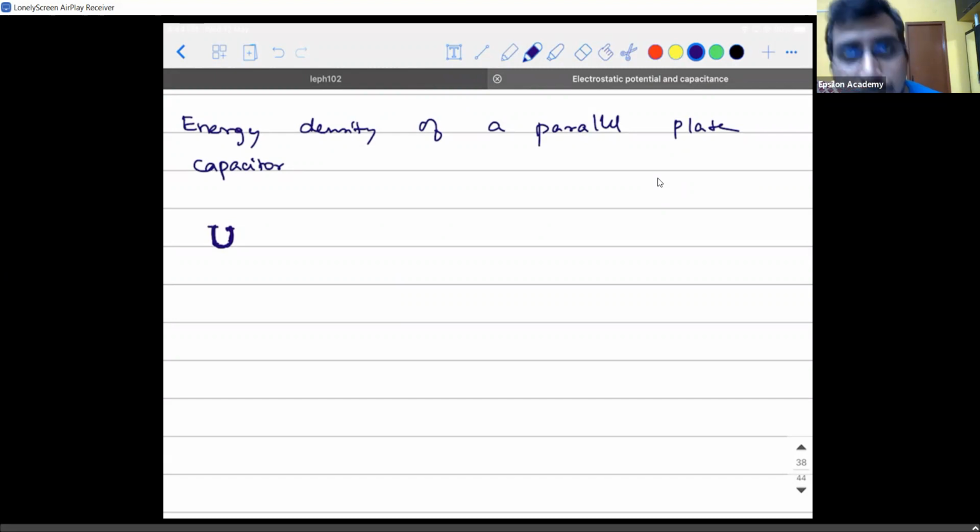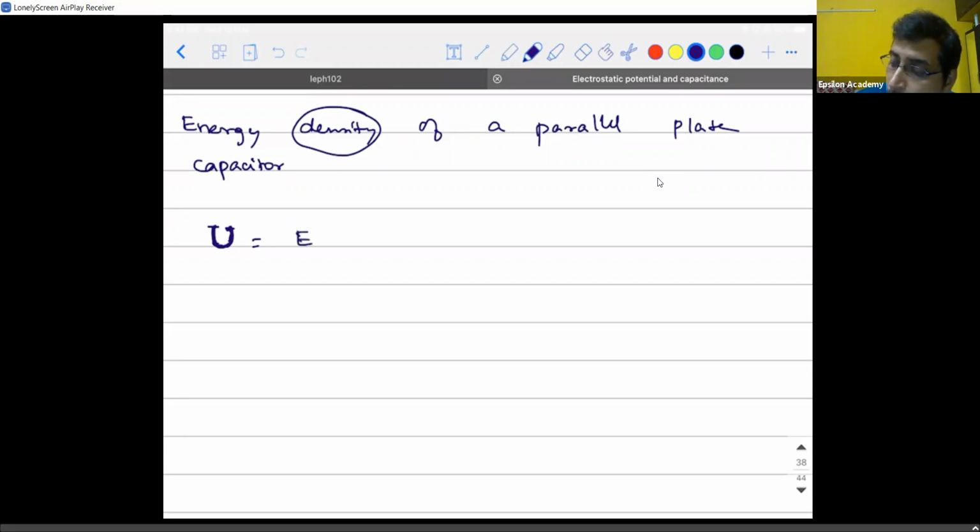So what is the definition of energy density, guys? We know what density is. We have seen different types of densities till now. We have seen linear charge density, surface charge density, volume density, like this we have, right? Then what do you mean by energy density?